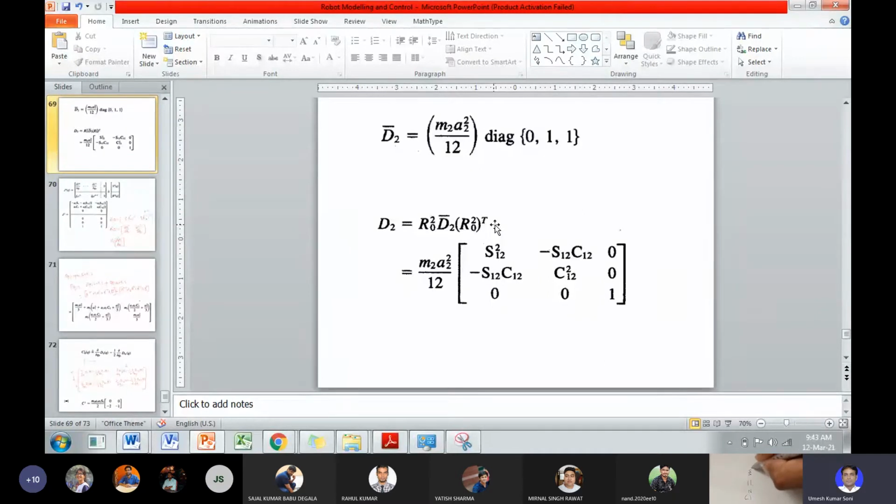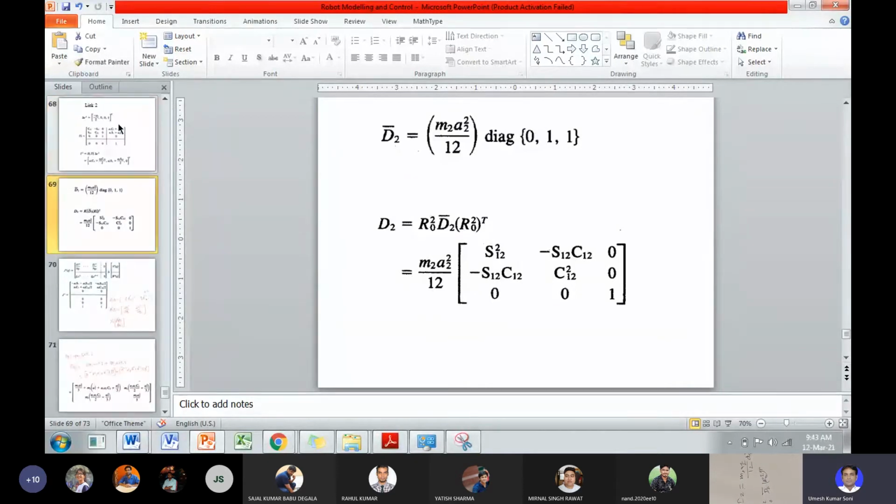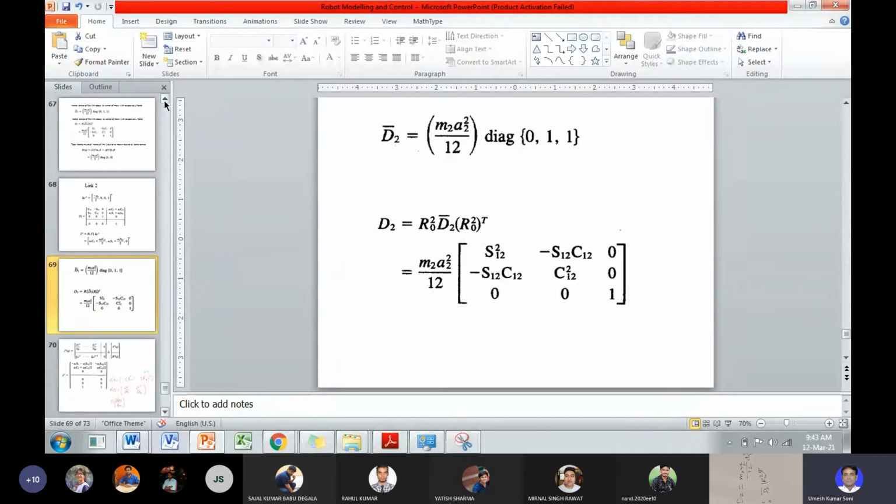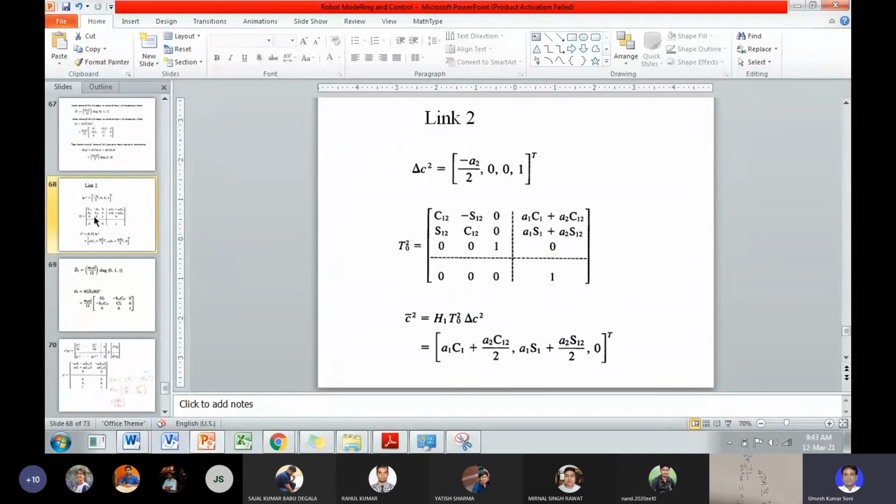So you have calculated here the D2. M2A2 square by 12 and diagonal of 0 1 1, this is the equation. So here you take D2 equal to R20 D2 bar R20 transpose. Okay, so now what you get here: previously you have determined the homogeneous transformation T20 as follows.